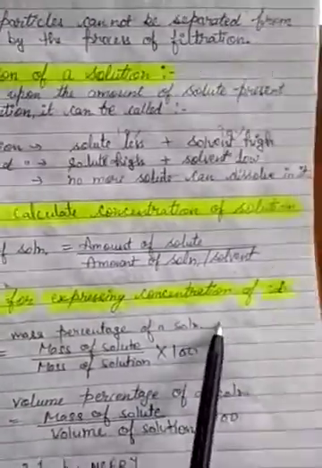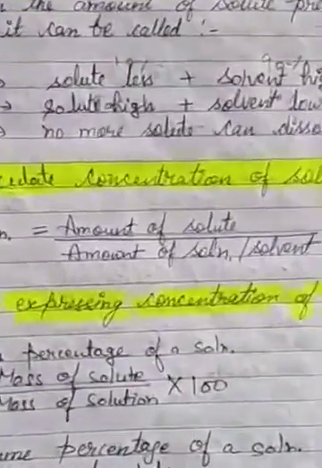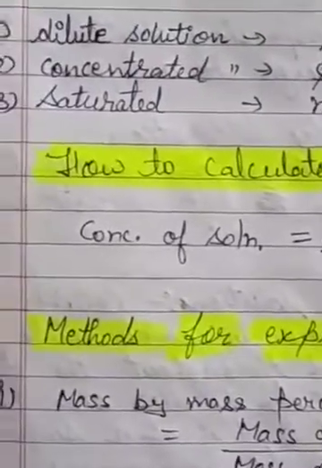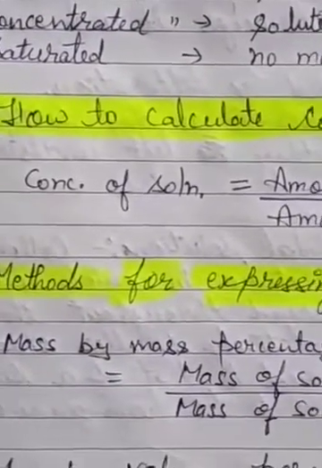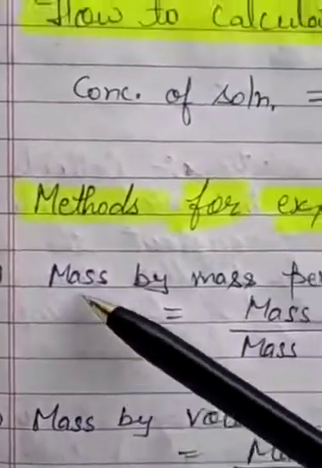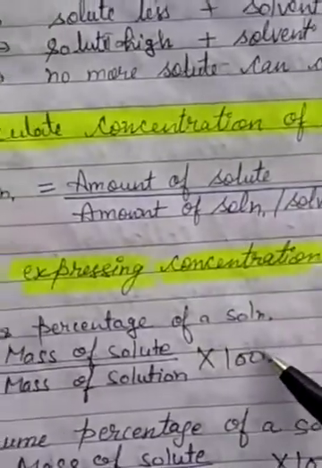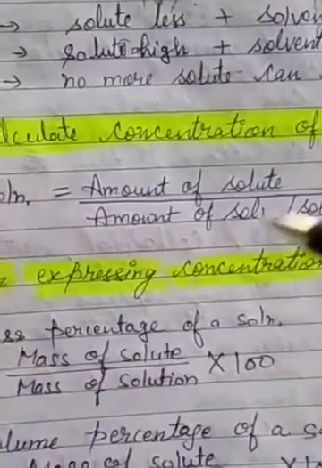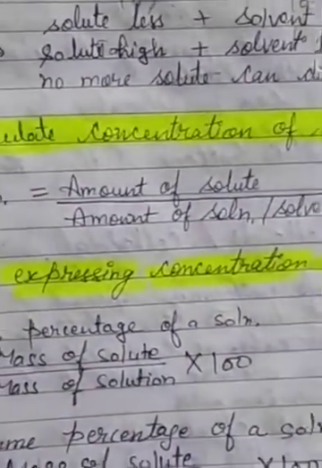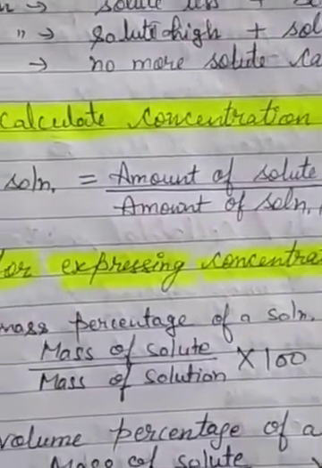Methods for expressing concentration of a solution. Although there are so many methods for finding out the concentration of a solution, at your standard there are two main methods. Mass by mass percentage of a solution. This is given in your question, how they want the answer, mass by mass or mass by volume.